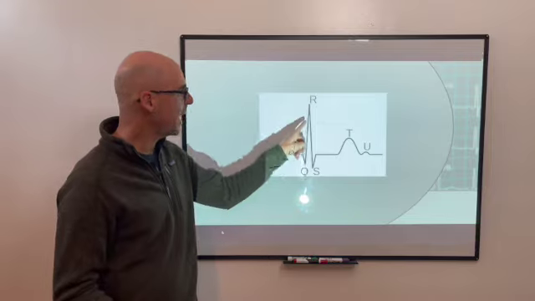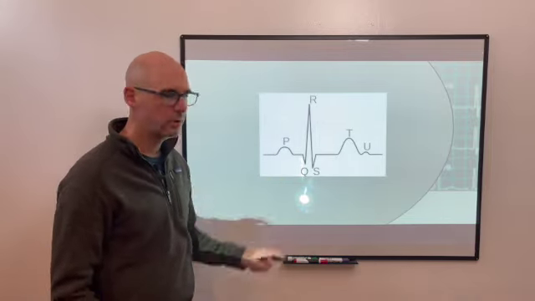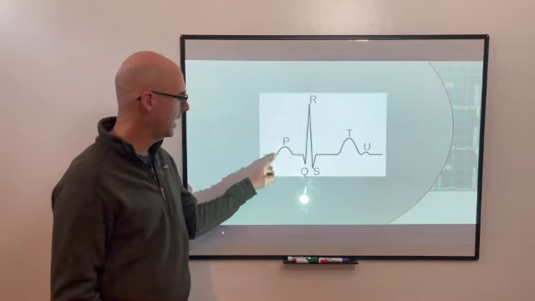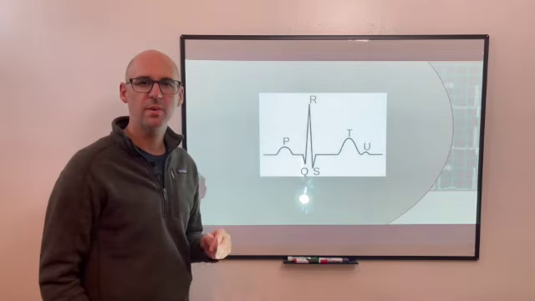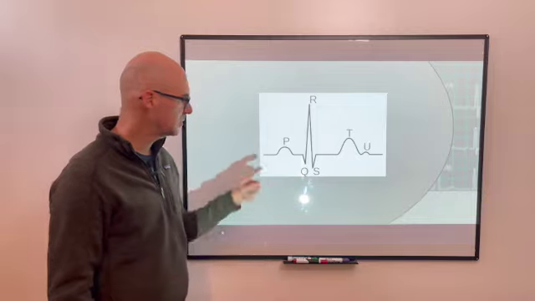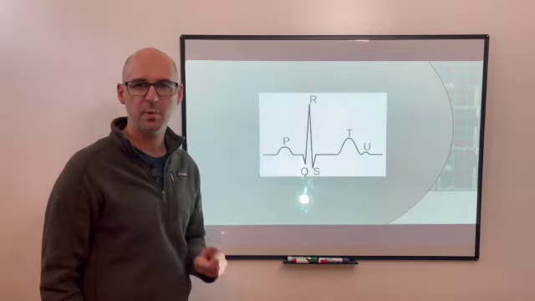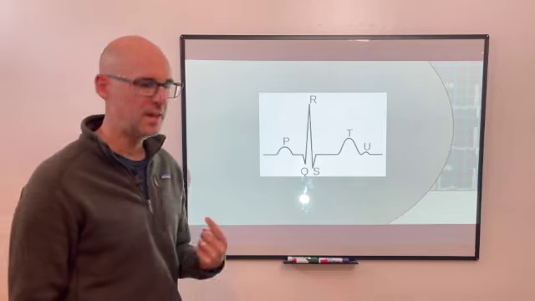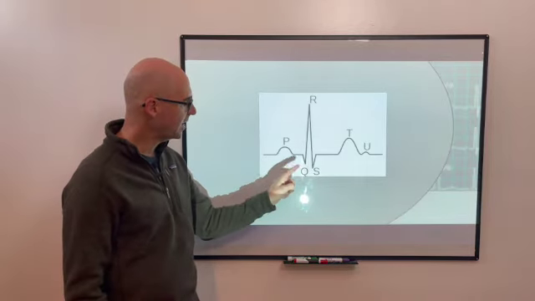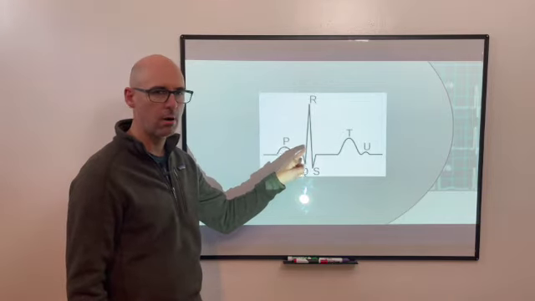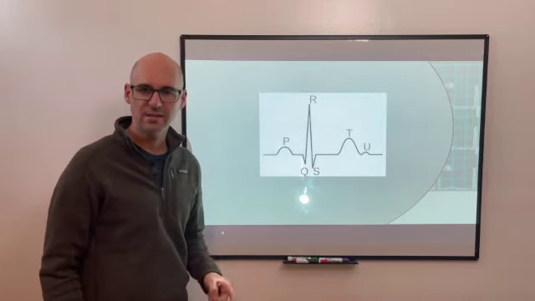The first positive deflection after the P wave, regardless of whether there's a Q wave or not, will be the R wave. So in some cases we may or may not have a Q wave before the R wave, but that first positive deflection will be the R wave. And finally, the first negative deflection after an R wave will be the S wave.